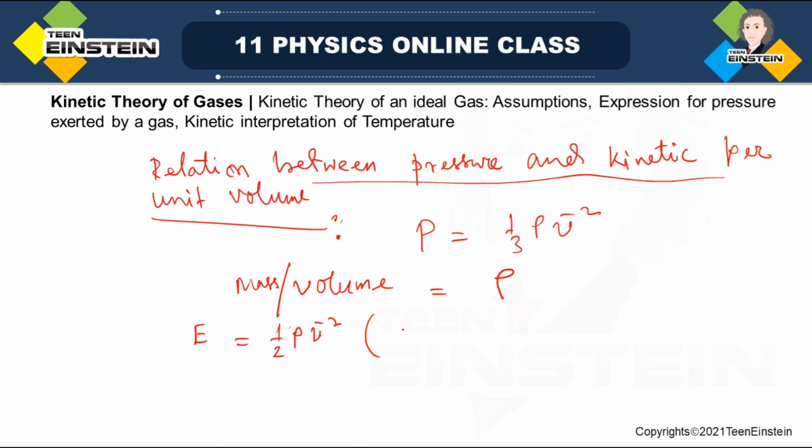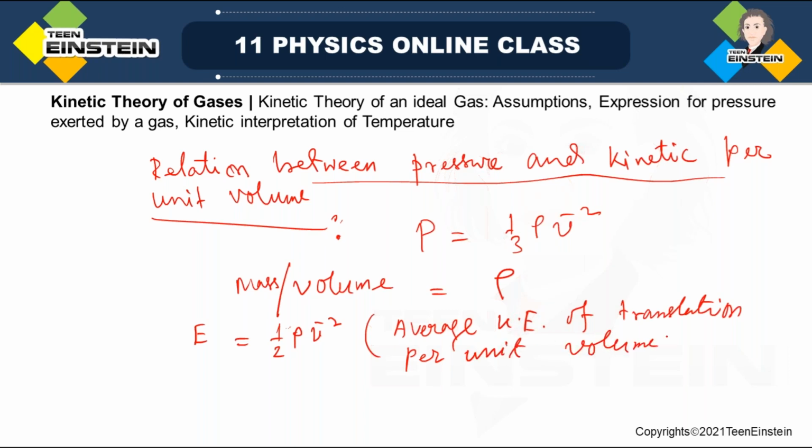So this is the average kinetic energy of translation per unit volume of the gas.